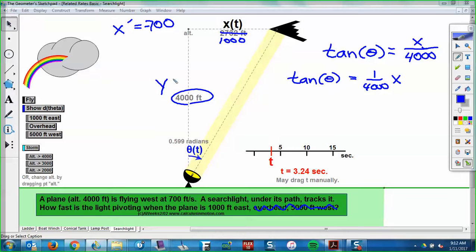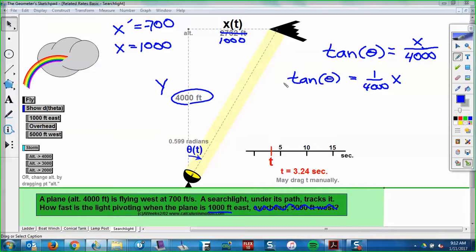It would be negative because it's flying west. Why? Because x is what? What's happening to x as it flies? X is decreasing. Remember the chart. When x is decreasing, x prime would have to be negative. So the x prime is negative 700. What's the 1,000? That's what x is. The x is 1,000, right? So we've got those two values, but we're not going to plug those in now, right? We have to plug those in later.